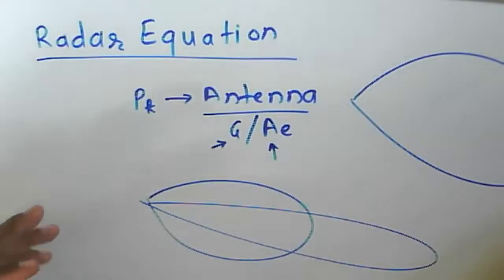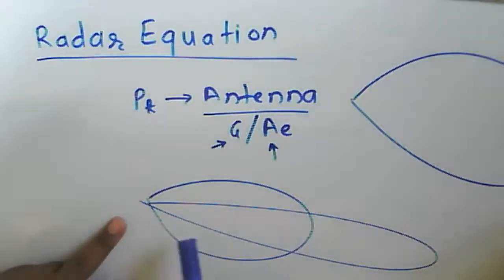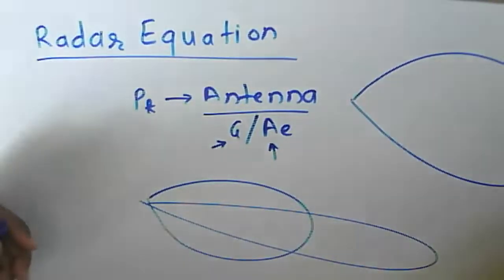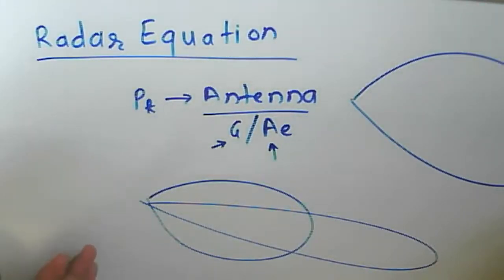Now, if we fix our radar in a given particular direction, then there will be a narrow beam. But nowadays devices are available where the radar transmits the signal in all directions. So we need to consider what the requirement is for the antenna.